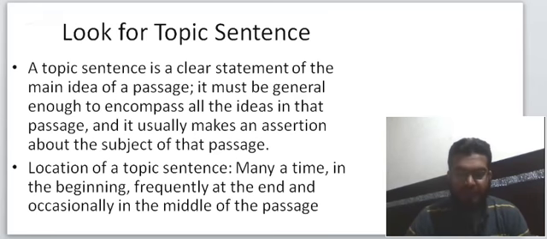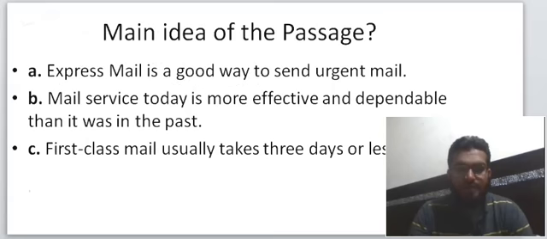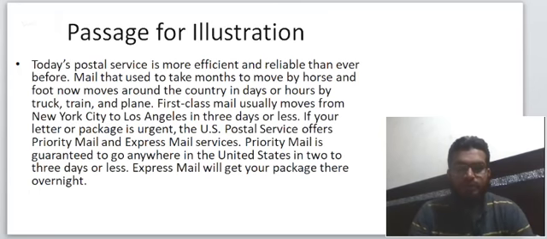So again, if we try to read the passage and spot the topic sentence, it will tell you about the main idea. So if you read that passage once again, let me scroll back to that passage. The very first sentence of this passage says, today's postal service is more efficient and reliable than ever before.